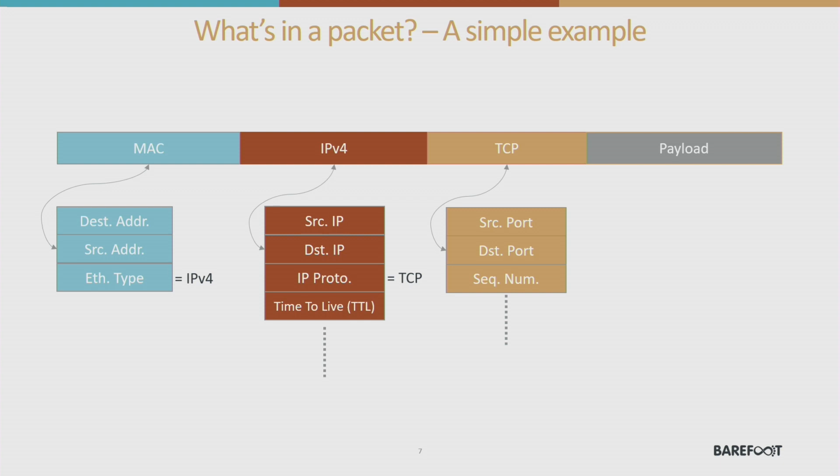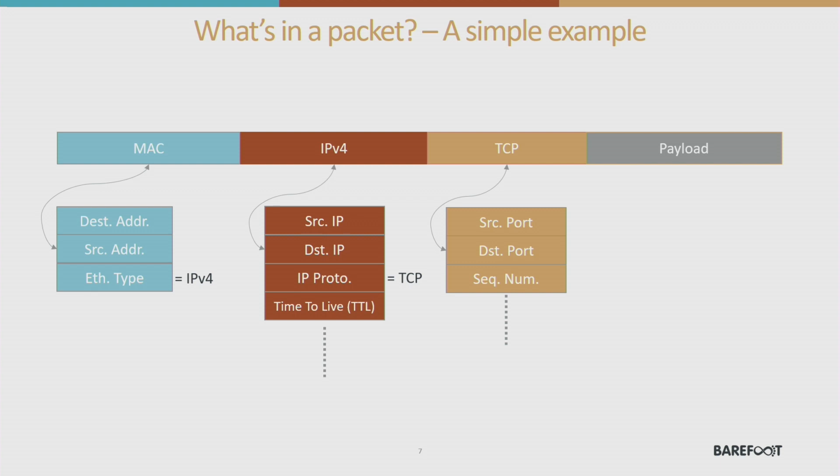So, for those of you not familiar with networking, I'm going to give a little bit of an introduction. For those of you who are familiar with it, don't worry, this will be a short excursion, and the path back will actually lead back in an interesting way. So a packet consists of a series of headers followed by a payload.